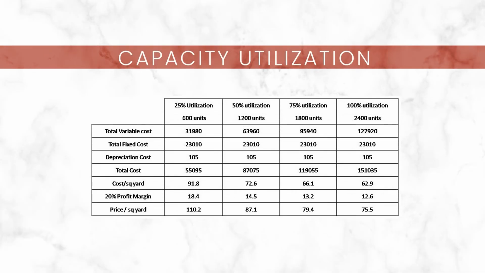As I told you, the customer might be willing to pay a higher price because, as I said, the new floor cover is 5 times better and more durable as compared to the earlier one. Therefore, understanding break-even analysis and capacity utilization is a very interesting and important area.